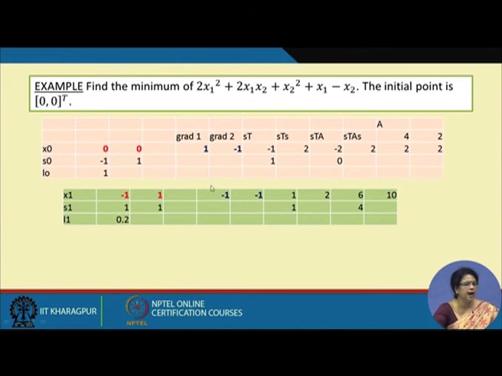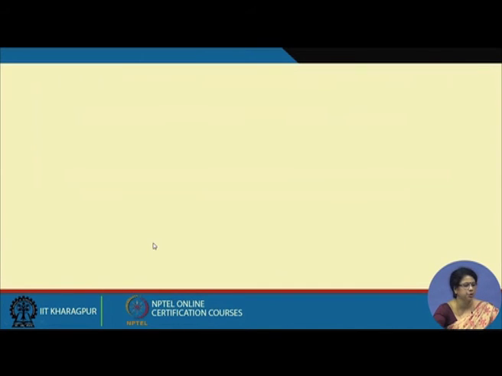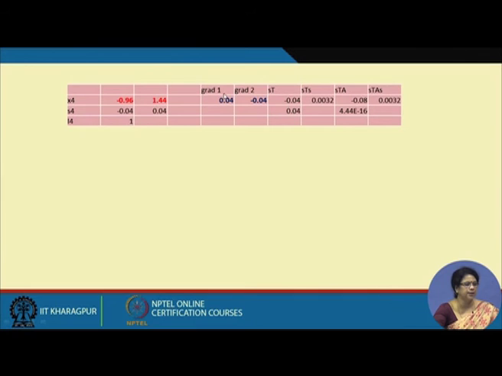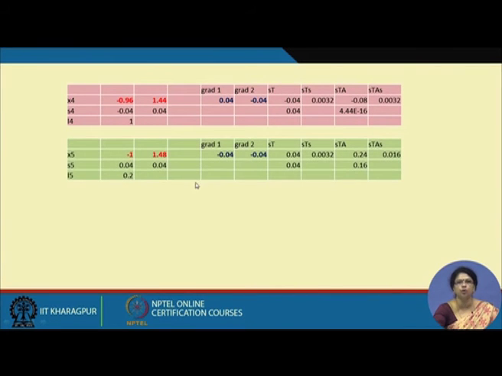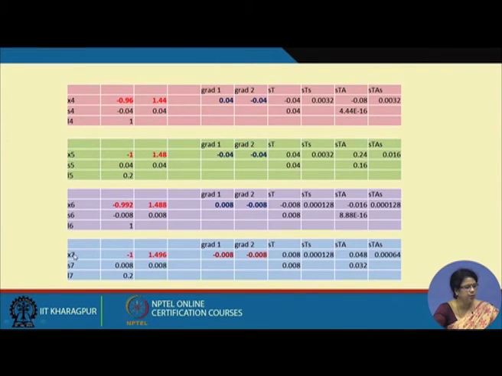I repeated the process for one iteration, second iteration, and the same process for the third, fourth, fifth, and you see the value x7 is coming (-1, 1.5), almost 1.5. What did you see? The gradient values are coming almost 0 here, in the previous case also almost 0.